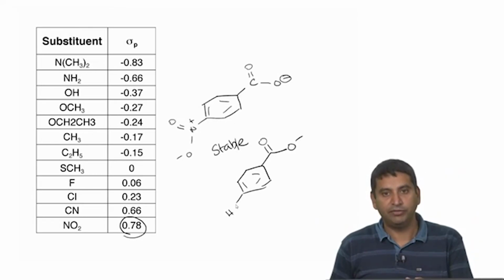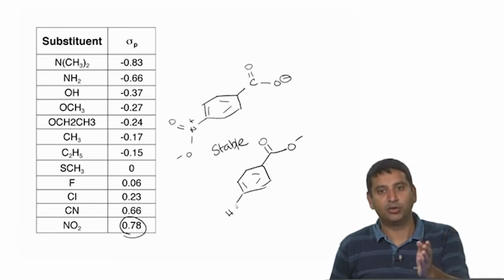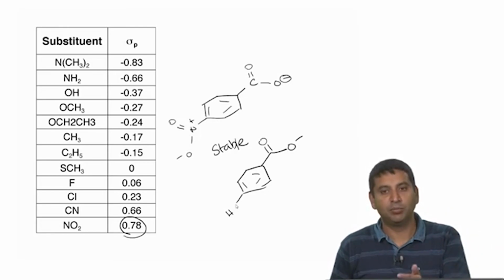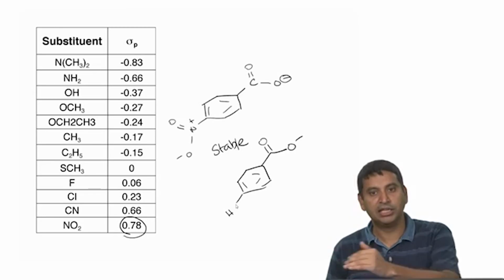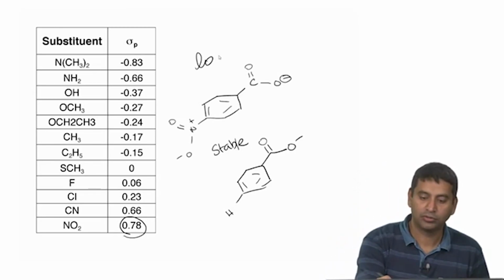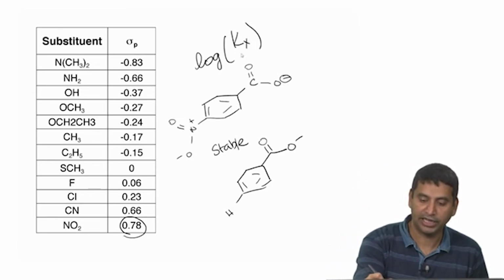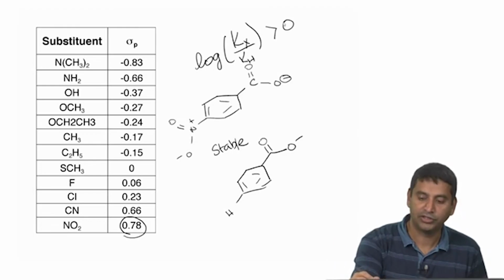When we compare the stability of the conjugate base of para-nitrobenzoic acid, which is para-nitrobenzoate, it is significantly more stable than benzoate. Therefore, the position of the equilibrium in the case of para-nitrobenzoic acid will be far more in favor of the conjugate base, and therefore log of Kx by Kh is greater than 0.